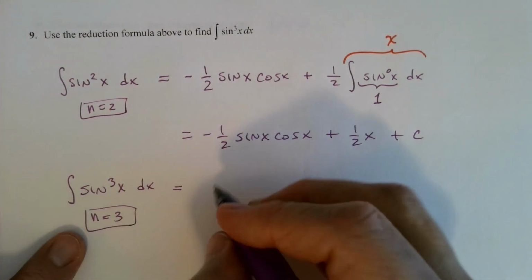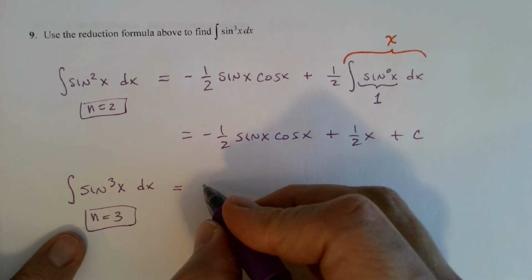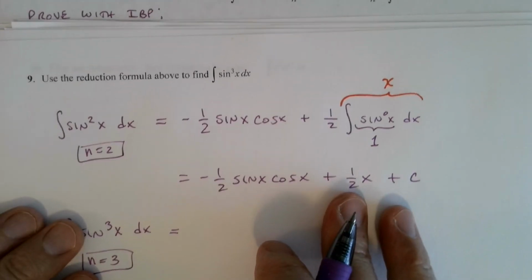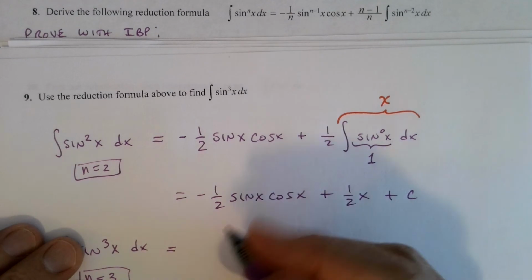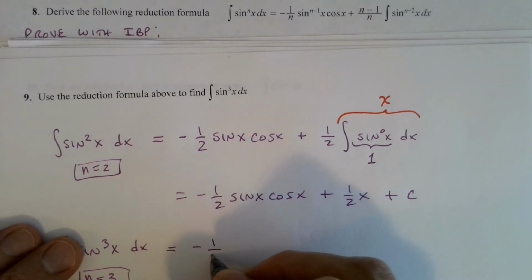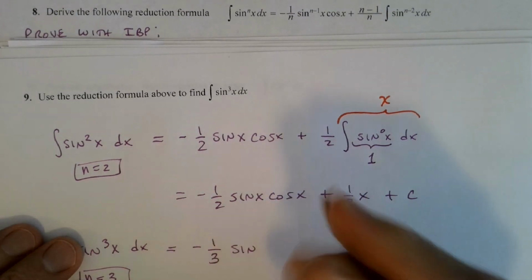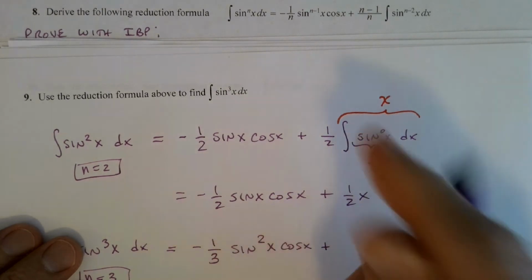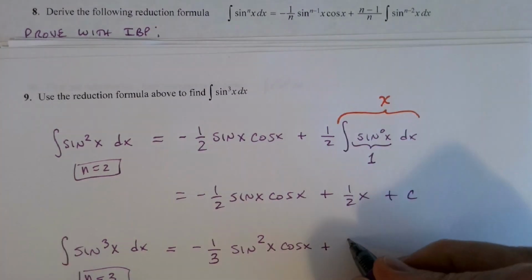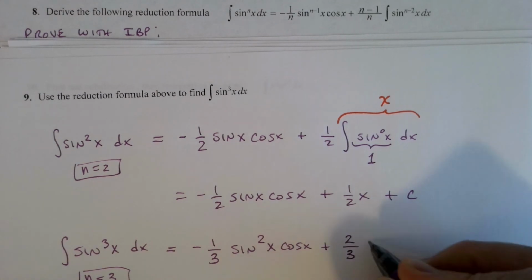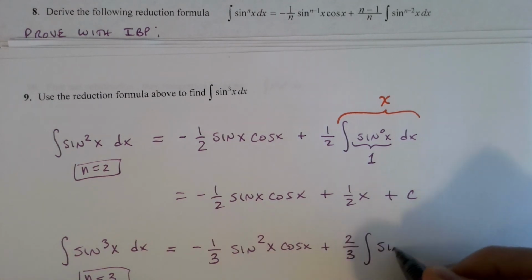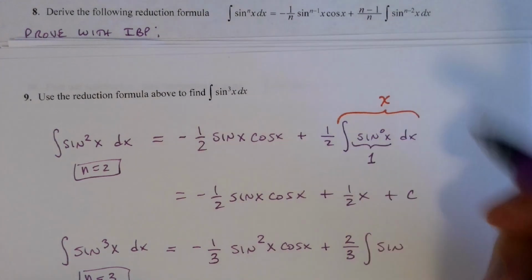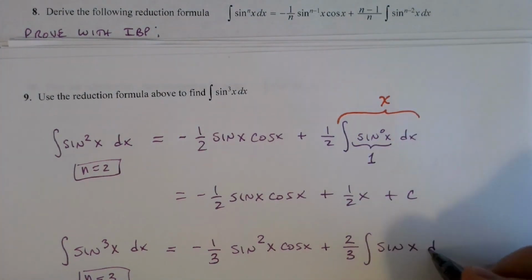So for sine cubed, n is 3. So again, I'll look at the formula here. It's minus 1 over 3 sine to the 3 minus 1, which is squared x, cosine of x, plus 3 minus 1 is 2 over 3, integral. Now I get what? 3 minus 2 is 1. I just get sine to the first power, or sine of x.